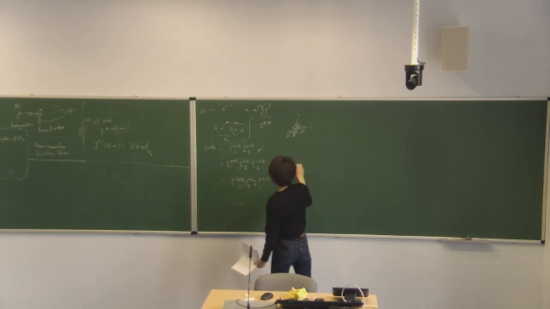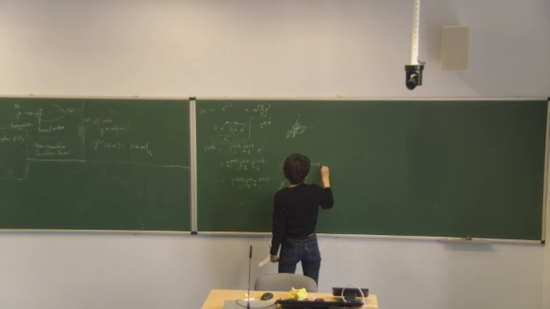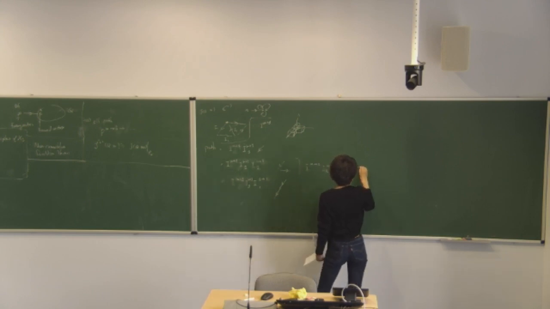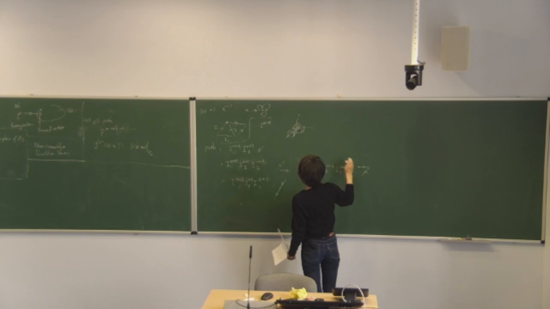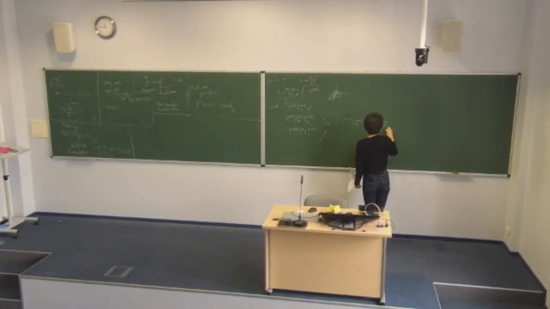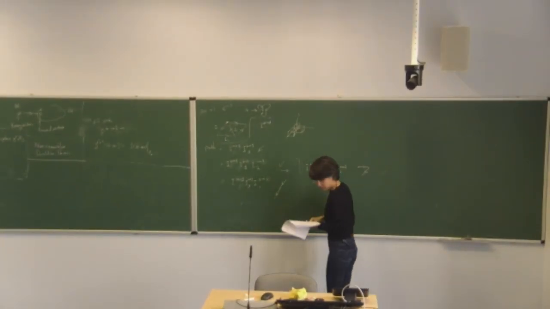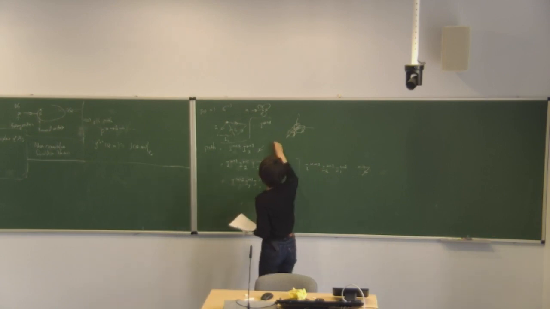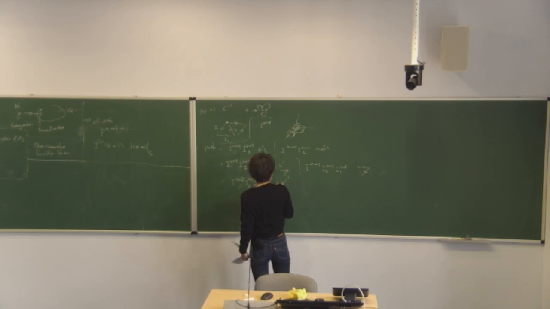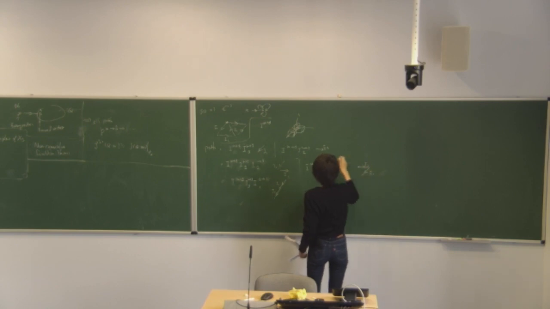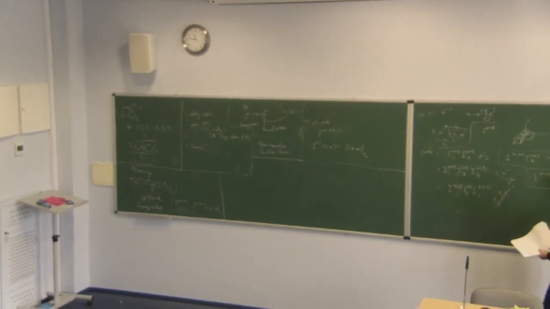Then you can also have another path: you first go along the second direction and then the first direction. You see that these two correspond to the same box here.